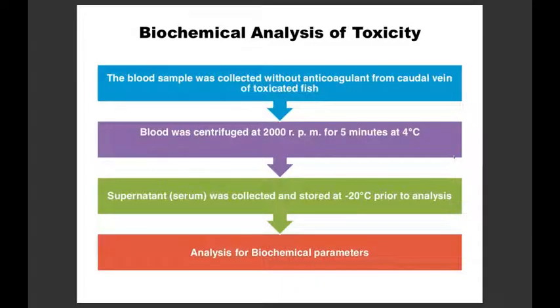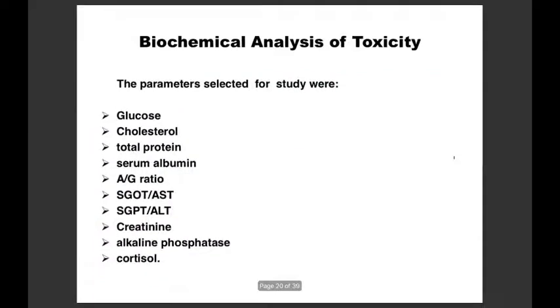For the biochemical analysis we used glucose, cholesterol, total protein, serum albumin, albumin by globulin ratio, then SGOT and SGPT, which are enzymes related to toxicological studies, and then creatinine, alkaline phosphatase, cortisol, etc. These are the different biochemical parameters which we studied for the toxicological aspect.